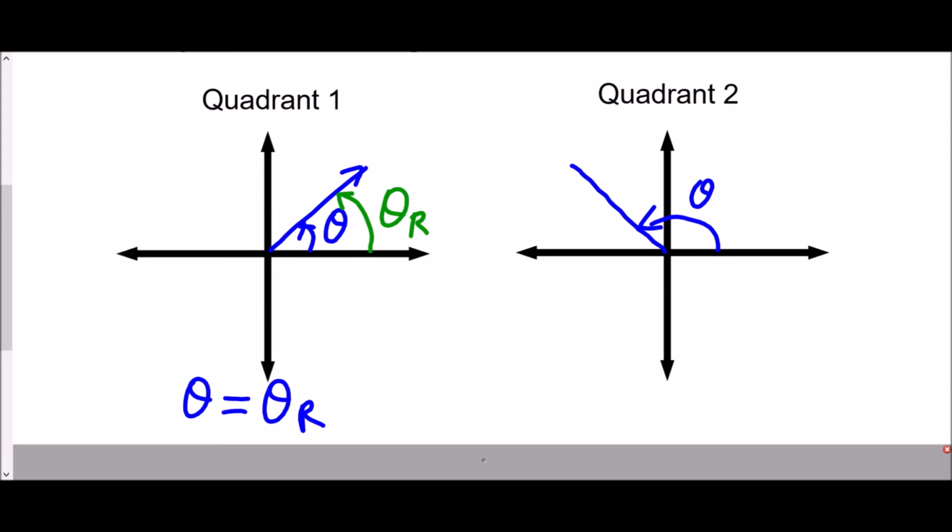Now, how do you find your reference angle? You look at the initial arm and the terminal arm, and match the terminal arm to the nearest x-axis.